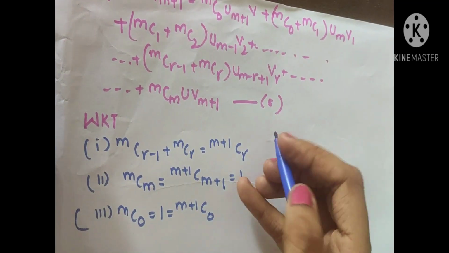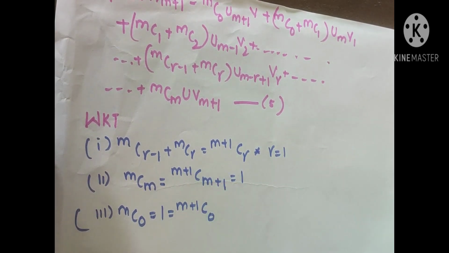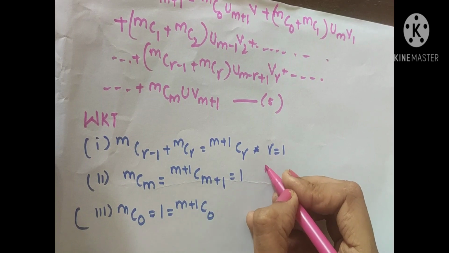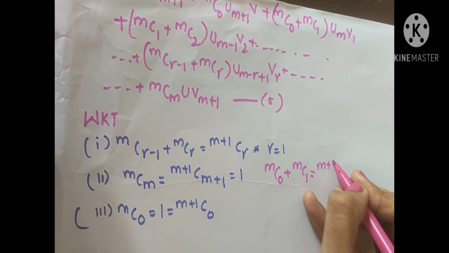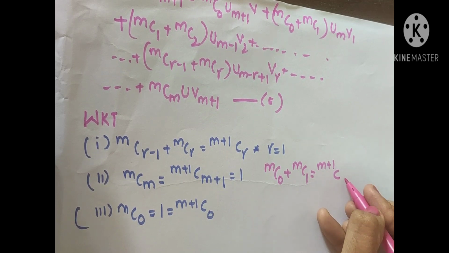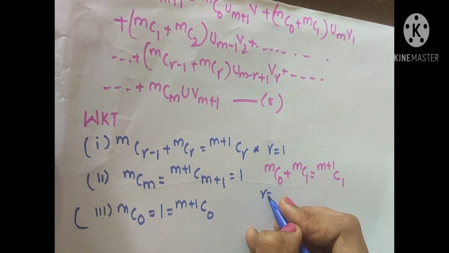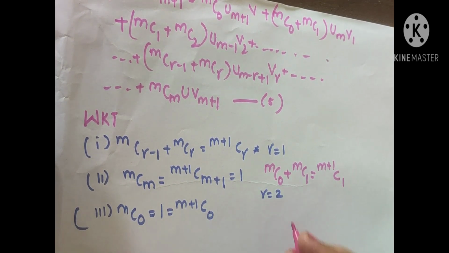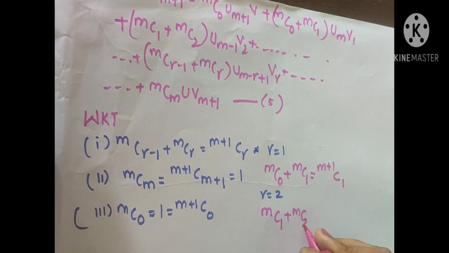So just substitute r equal to 1 in this equation. What are you getting when you substitute r equal to 1? mC0 plus mC1 equal to (m+1)C1, right? And when you substitute r equal to 2, what are you getting? mC1 plus mC2 equal to (m+1)C2, right?